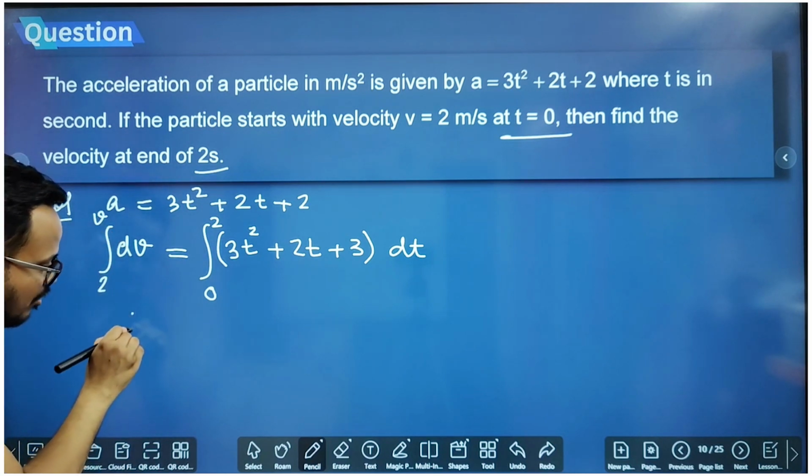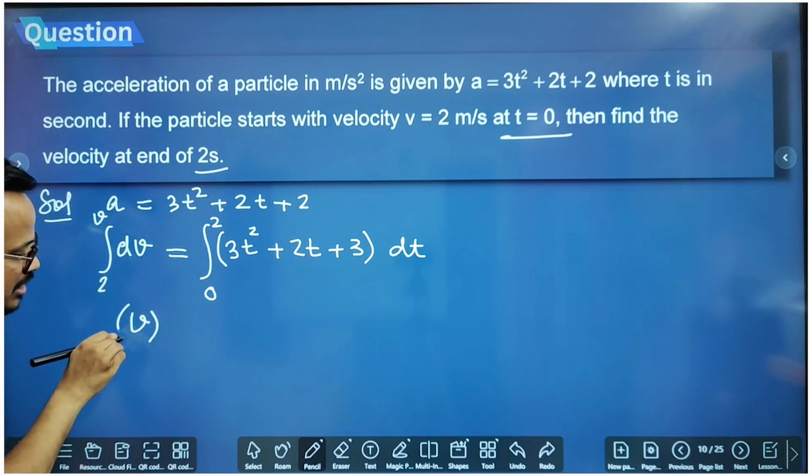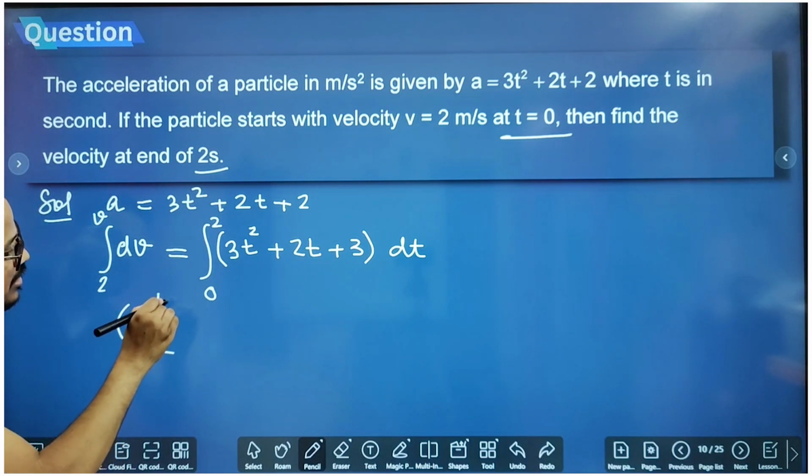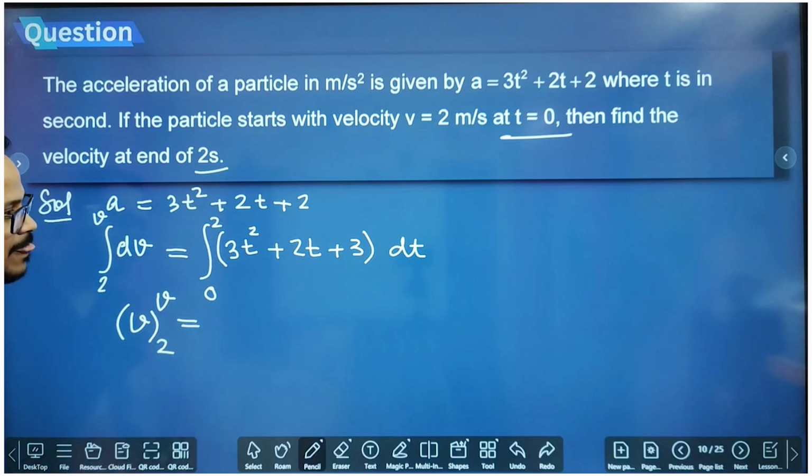So what is the integral of dv? Integral of dv is v. Here it is the lower limit and here it is the upper limit. Now find the integral of this thing.